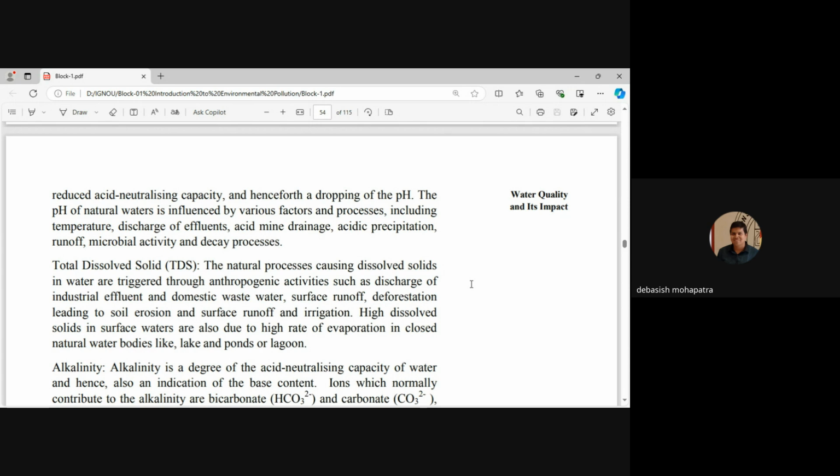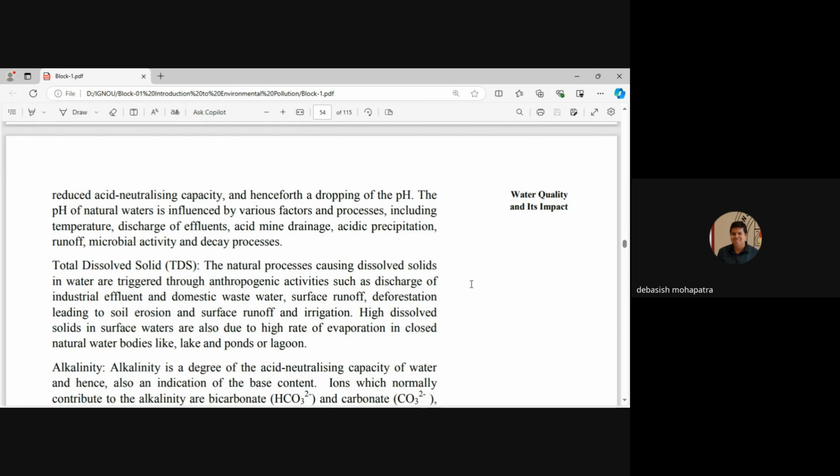The pH of natural water is influenced by various factors and processes, including temperature, discharge of effluent, acid mine drainage, acid precipitation, runoff, microbial activity, and decay processes.